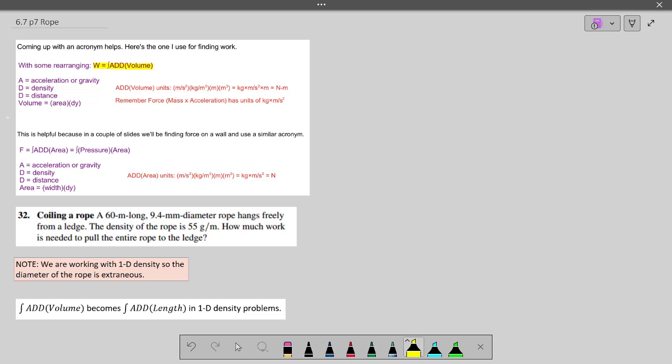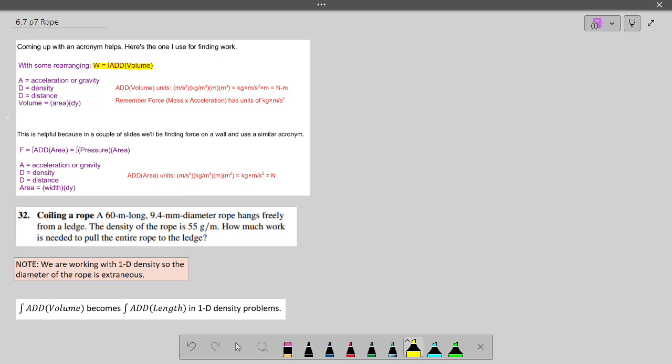It includes the dy, which is the thickness that you attach to your two-dimensional cross-section. You multiply it by dy, and you've now created a slice, a tiny, disc-like volume. So ADD times volume is going to be for work.